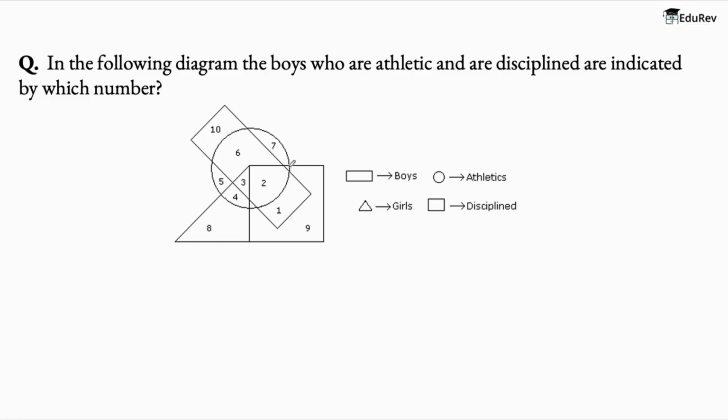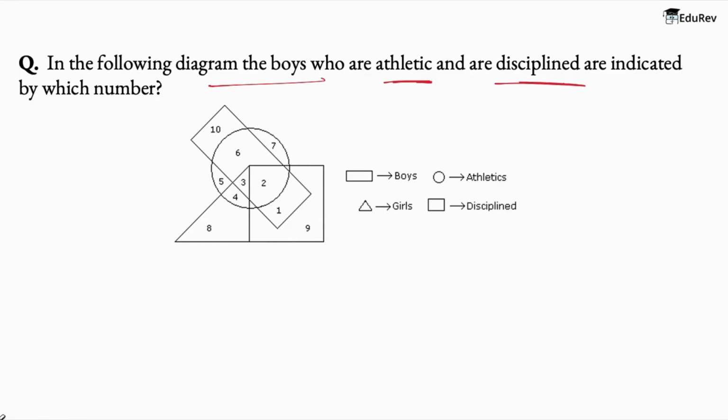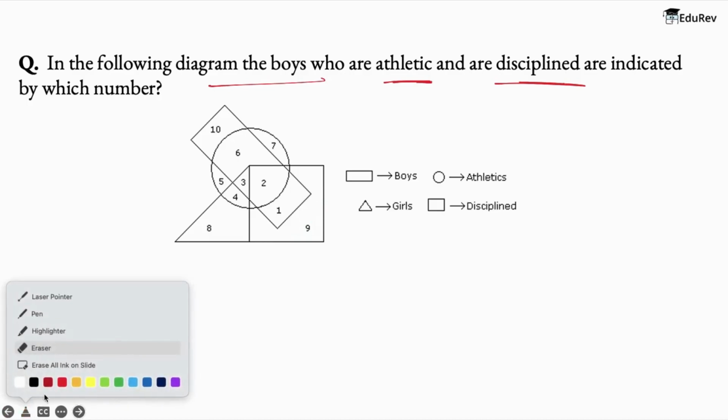Alright, so let's solve this question now. This question says that in the following diagram which is given to us, that is this particular diagram, who are athletic and disciplined and are indicated by which number? So basically what they are asking us to do is we need to find the number of people who are athletic and they are disciplined.